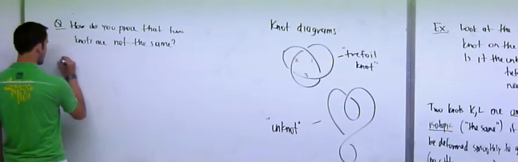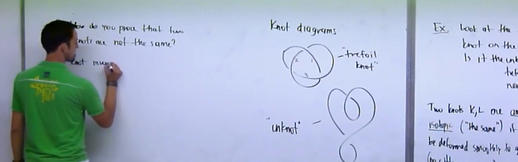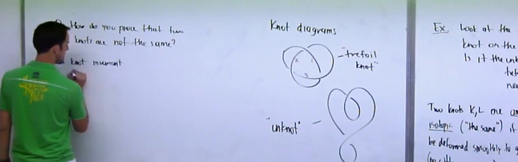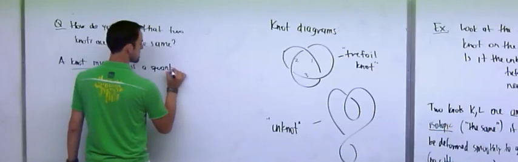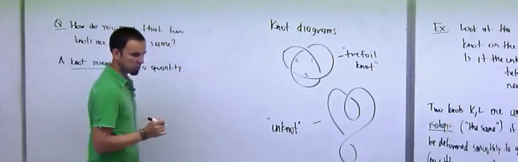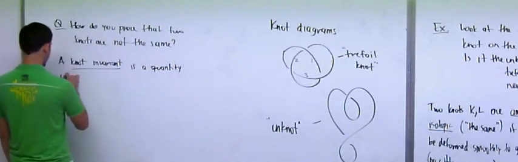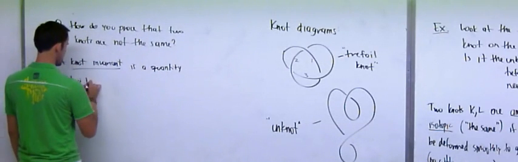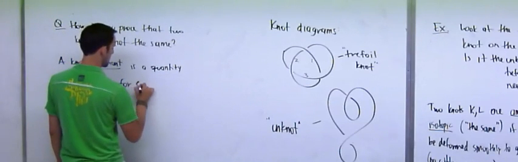So a knot invariant is a quantity that you associate to a knot that is the same for equivalent knots.